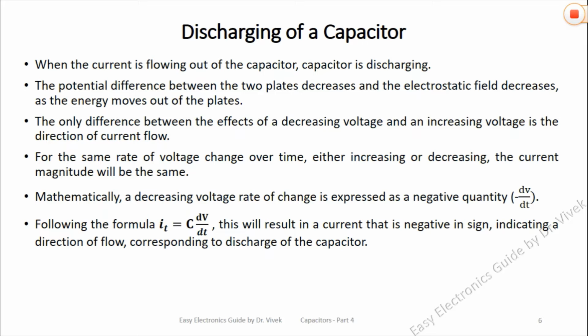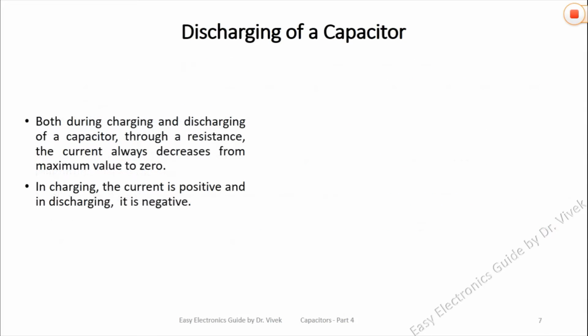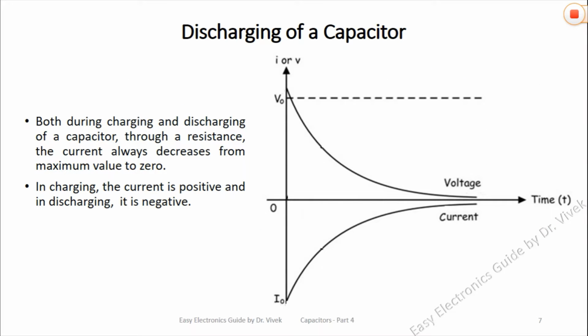The current is negative, indicating a direction of flow corresponding to the discharge of the capacitor. During charging and discharging of a capacitor, the current always decreases from maximum value to 0. In charging, the current is positive, but in discharging, the current is negative.